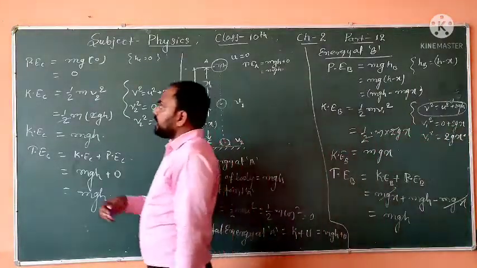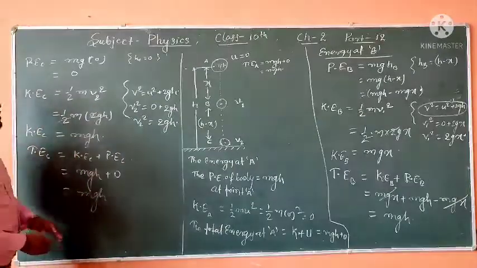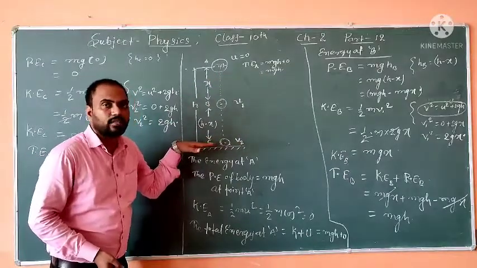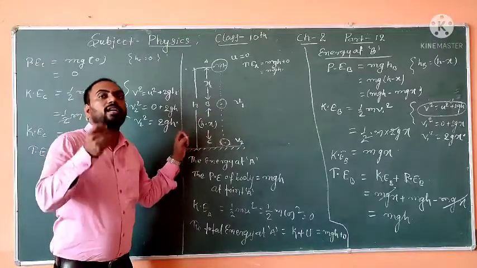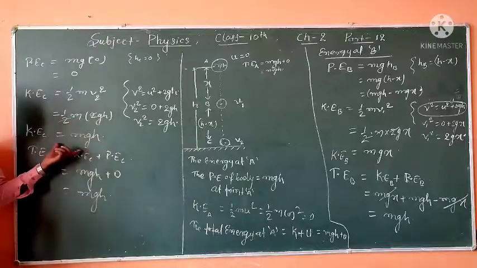At point C, there is no height, meaning it is slightly in contact. That's why potential energy is 0, while kinetic energy is mgh.